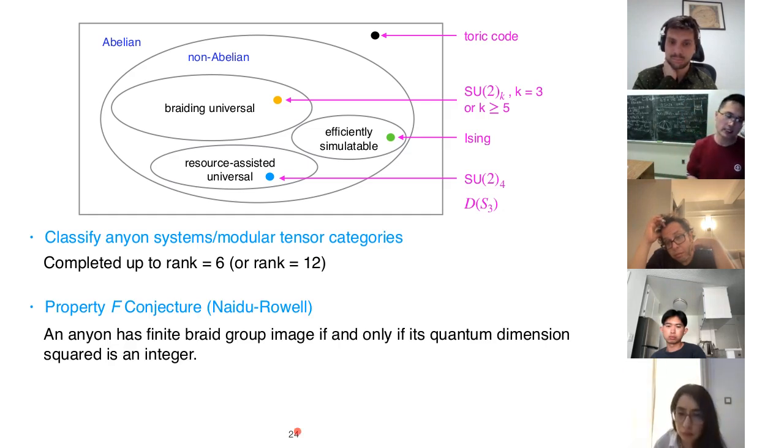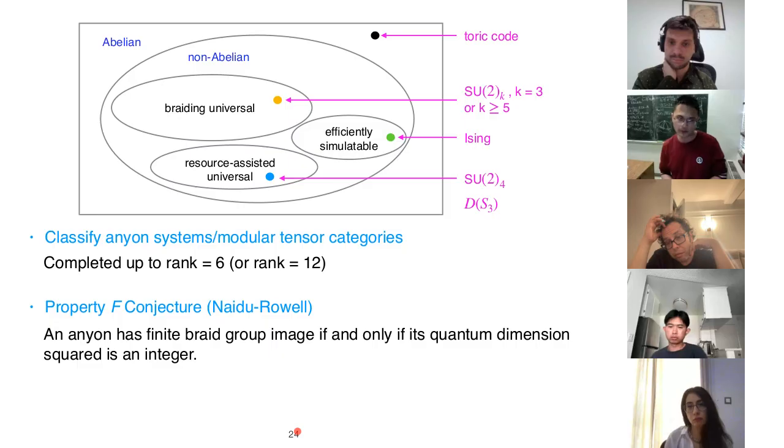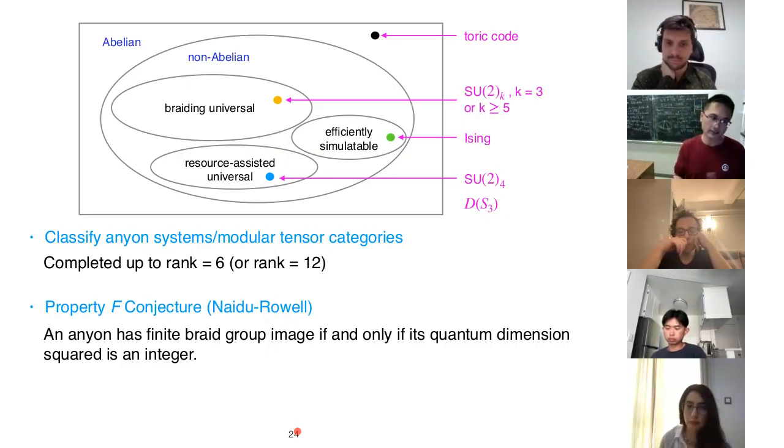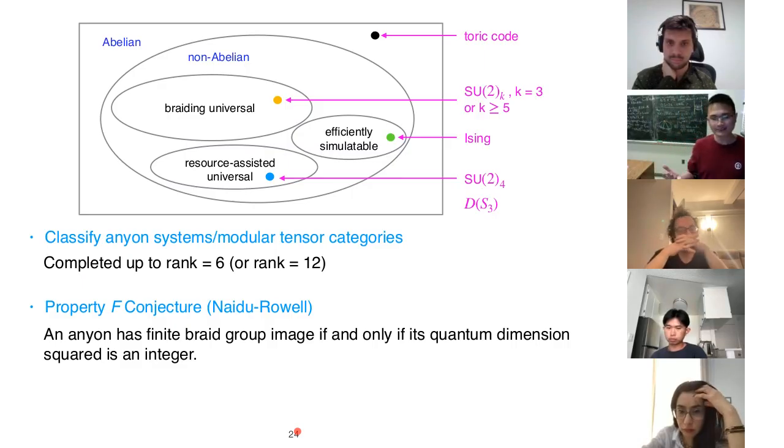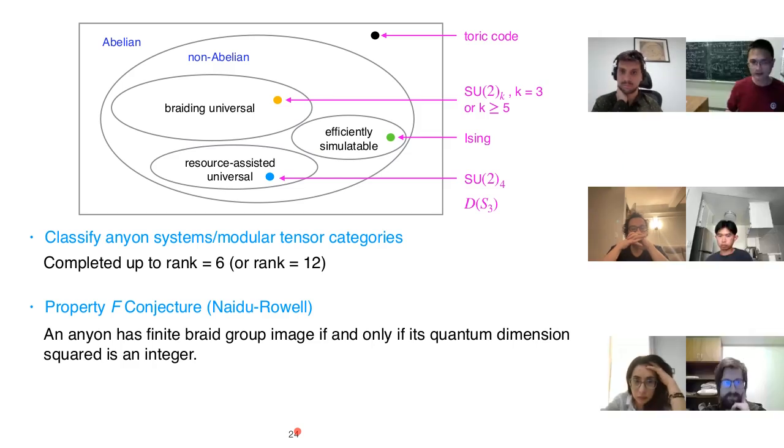Regarding the universality, there is the property F conjecture by Naidu and Rowell, which states that an anyon has a finite group braid group representation image only if its quantum dimension squared is an integer. It's a surprisingly simple statement, but remarkably, the conjecture has been verified to be true for all known examples.